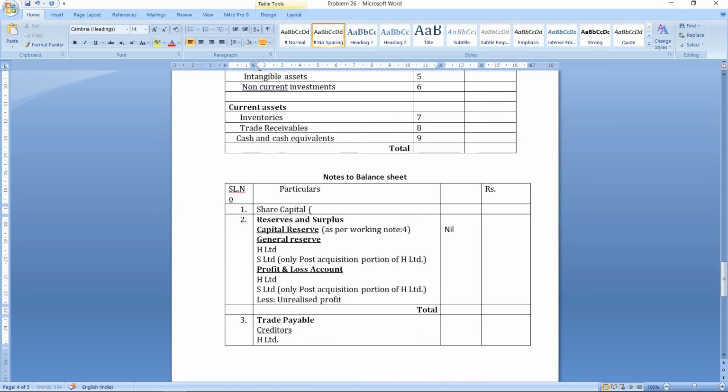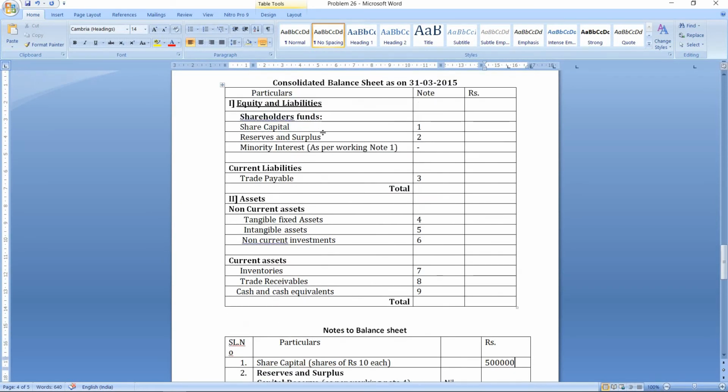So here in the bracket we can write shares of rupees 10 each. Okay, amount is 5 lakhs. So the same will be shown in the balance sheet. Share capital, note number 1, amount is 5 lakhs. Okay, so we are done with the first note.